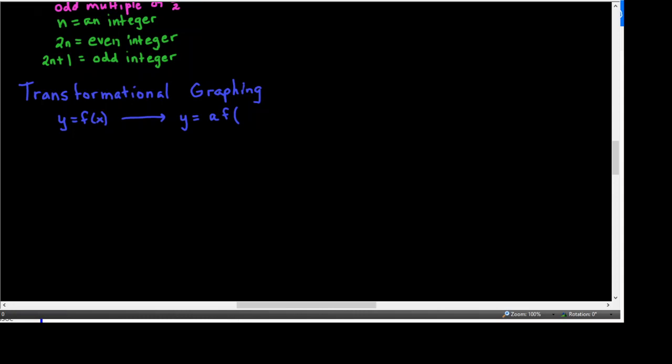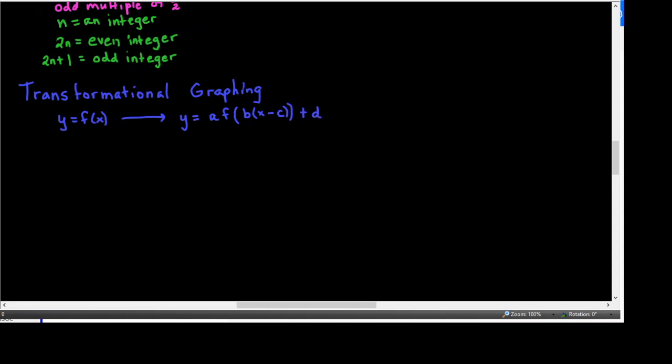Inside, we could multiply the variable x by a number, which I'm going to call b. A number could be added or subtracted from x before that multiplication occurs. I'm going to write it as subtraction, and I'll explain later why I made it subtraction. And then you could take that final answer you just got and add a number to that.